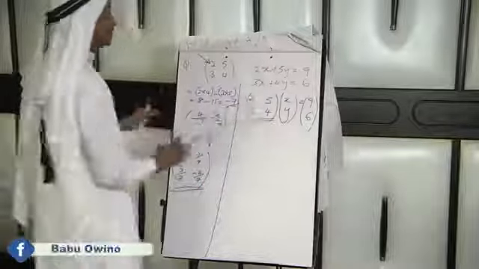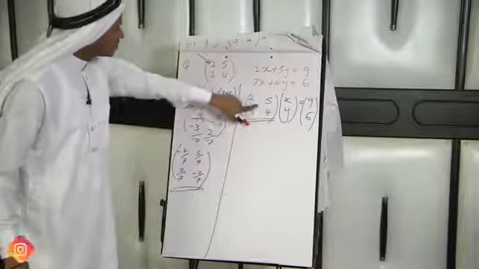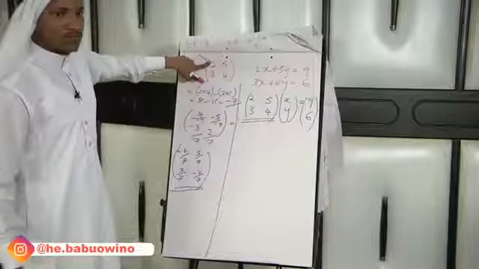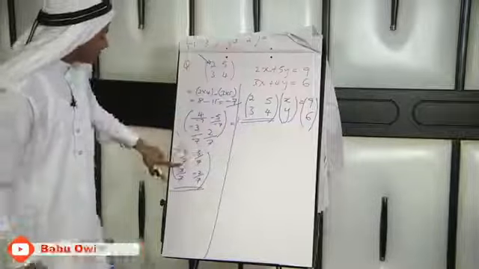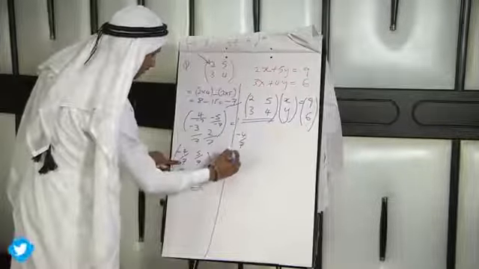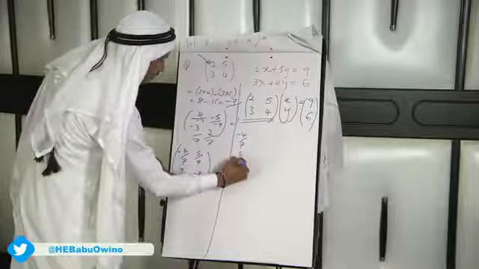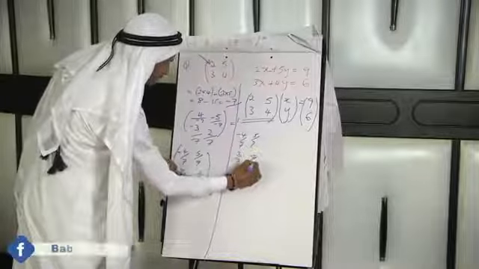On this side, if you pre-multiply by the inverse, there is no need of getting an inverse, because we were told first of all to find the inverse of this. This and this are the same, and their inverse is this, which is minus 4 over 7, 5 over 7, 3 over 7, minus 2 over 7.